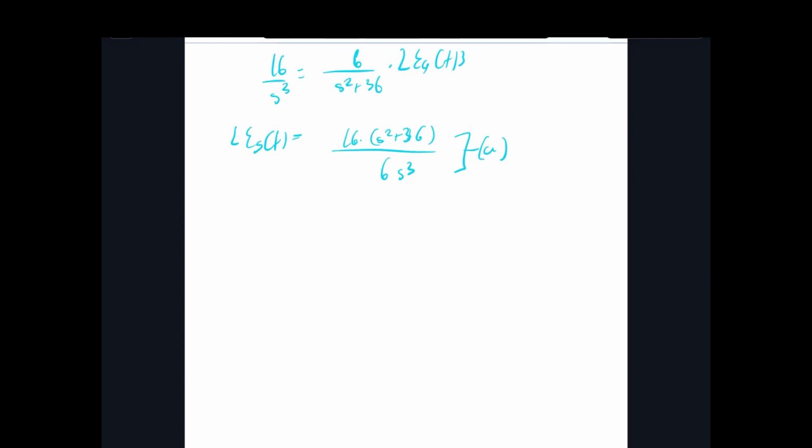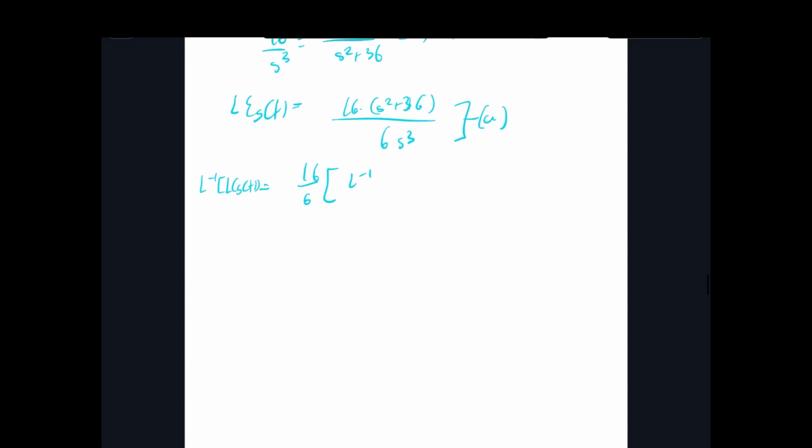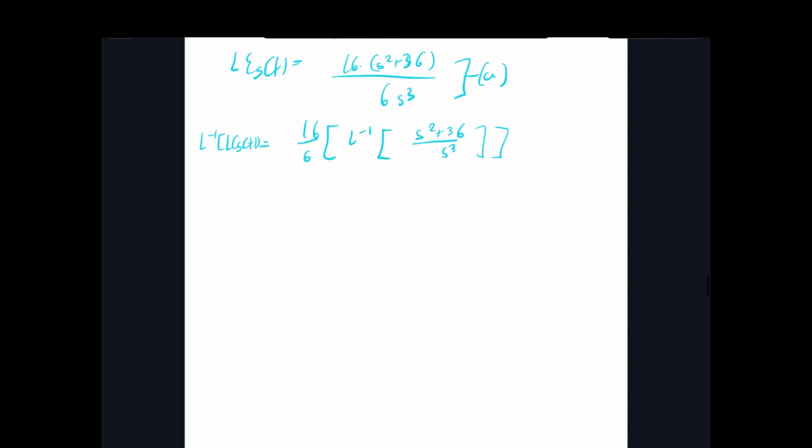And what I can do here is bring out the 16 over 6, and have L inverse. So now if I take L inverse of L of g of t, then I'll continue to go right here, s squared plus 36 over 6, over s cubed. Then I will get g at t equals 8 over 3.